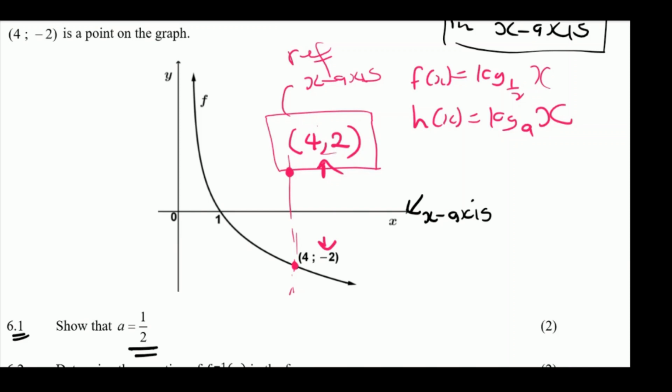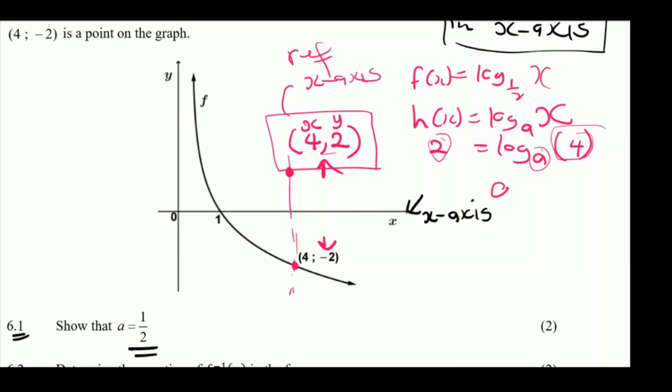And then substitute these coordinates. So where there's x, you put 4. Where there's y, you put 2, right? So it's going to be 2 equals log of base a of 4. To find the value of a, it's going to be a to the power of 2 is equal to 4.